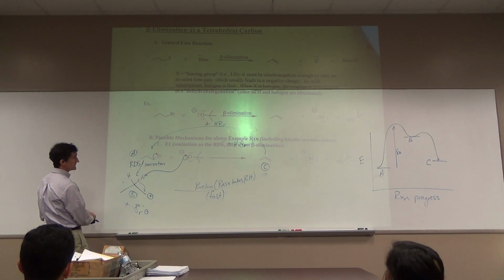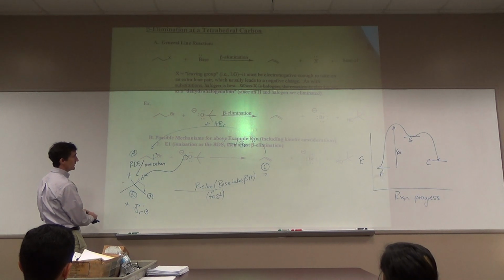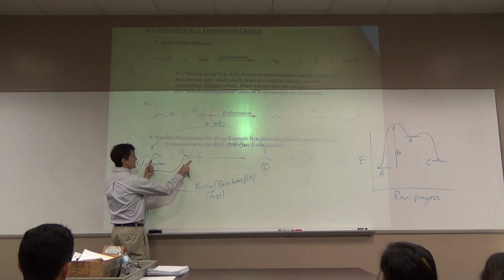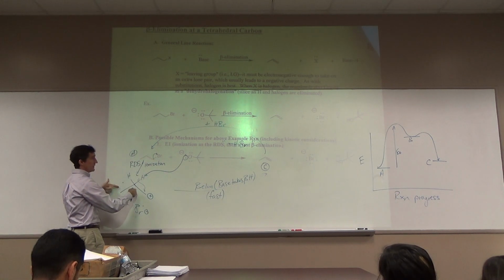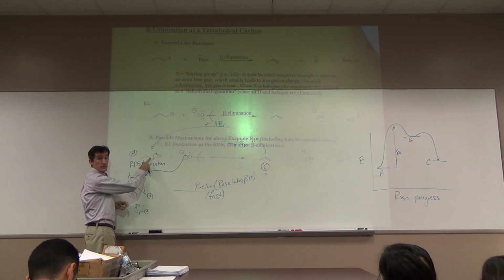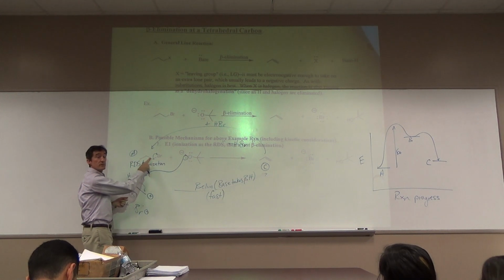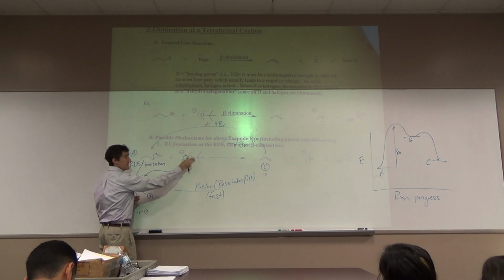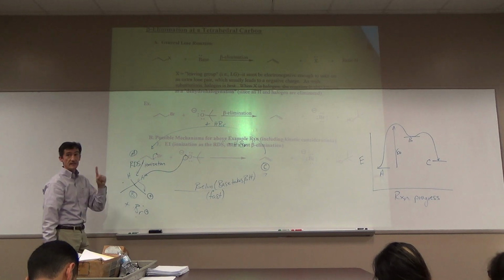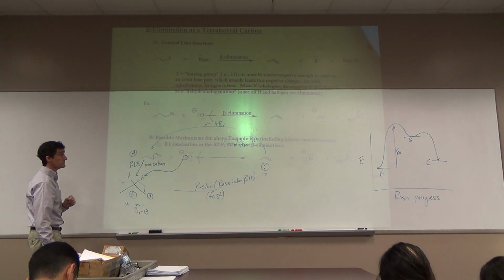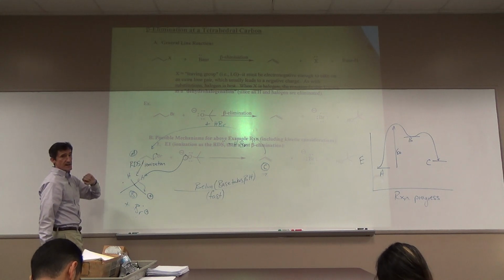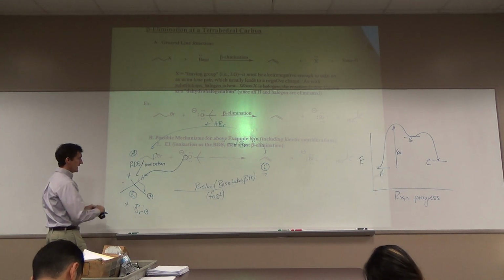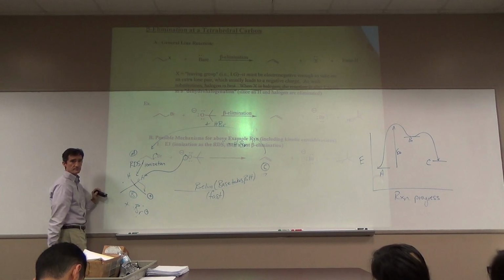Questions about this? Why is it called E1? Well, of the two reactants, how many are involved in the rate determining step? Only the alkyl halide or alkyl tosylate or whatever your leaving group is. The base is not involved, so it's called an E1. But the model reaction, this is not the mechanism for the model reaction. It's bad. All right?